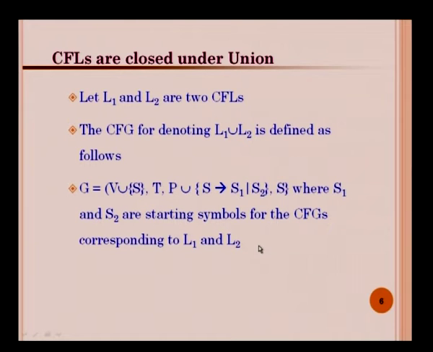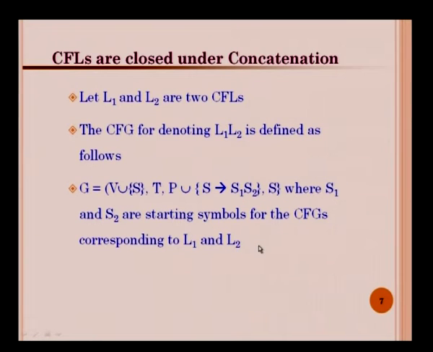So now we have the context free grammar G, which is capable of recognizing the language L1 union L2. So we can claim that the union operation is closed, meaning we will have a new language obtained as a result of the union of two languages.